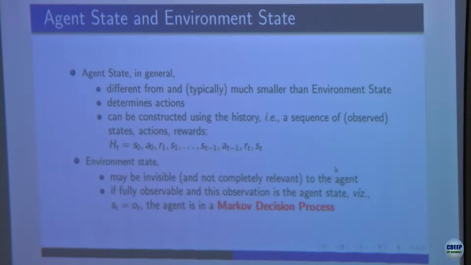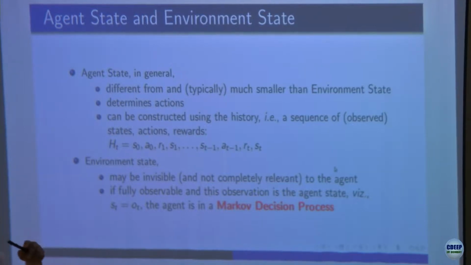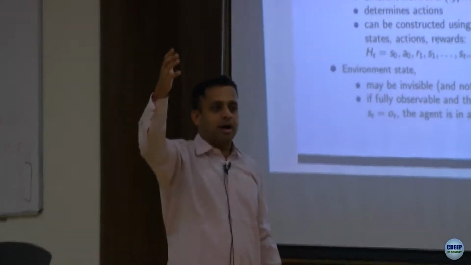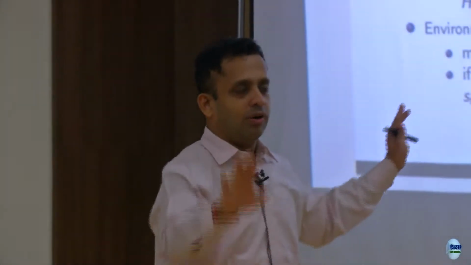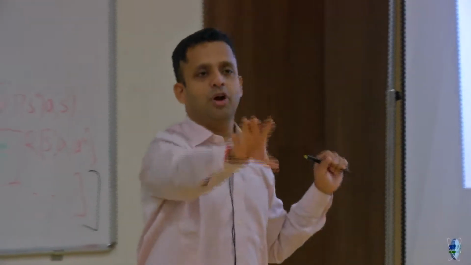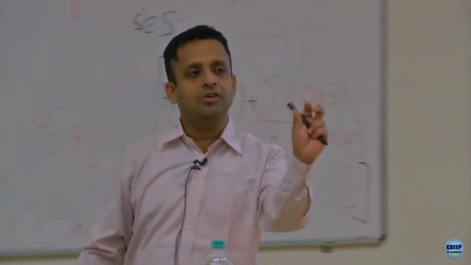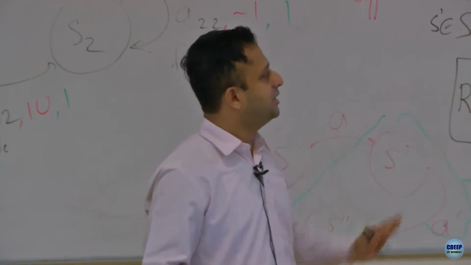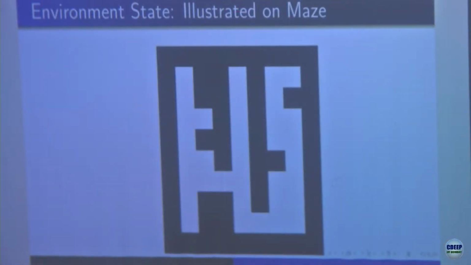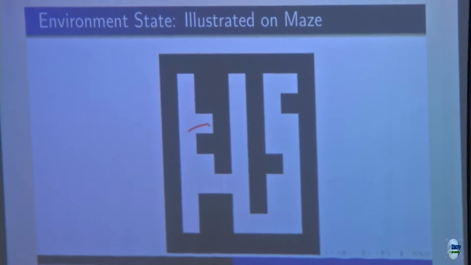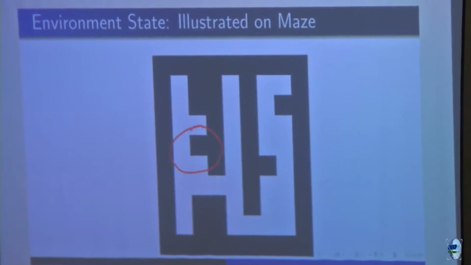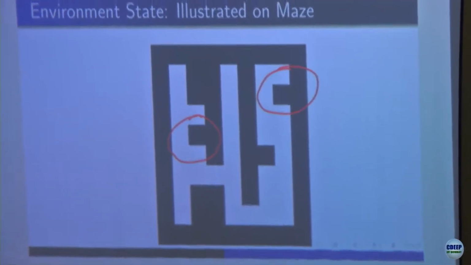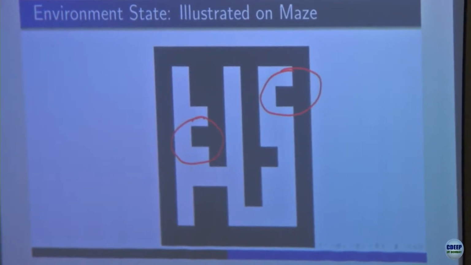Now if you start bothering about what the environment state is and try to model that as well, then you have a partially observed Markov decision process. So that's why the title of your programming assignment is just Markov decision process. We are only interested in modeling the agent state. Just to give you one small example here, if the agent was here versus here, would the agent ever know the difference between these two?